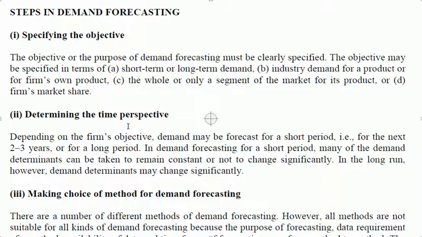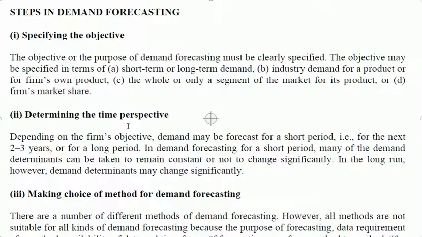Second one, the time perspective is for how many years you are going to predict the demand, whether it is your seasonal product only for rainy season you are determining what is the demand, or you are making electronics where maybe for 2 or 3 years the technology might not change related to your product. Then you are forecasting demand for 2 or 3 years.